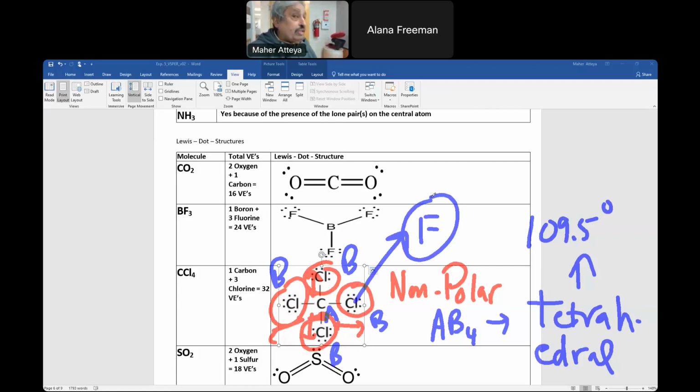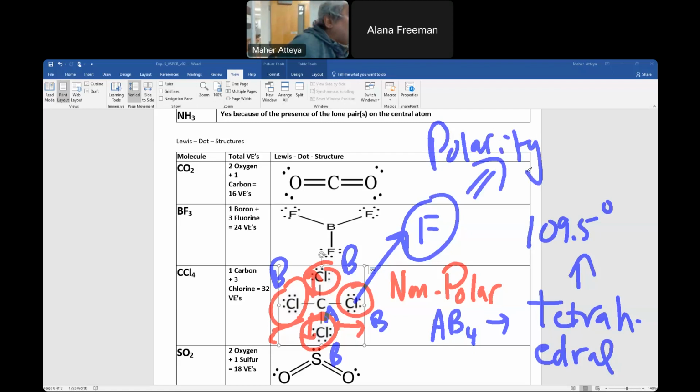This molecule with three chlorine atoms and one fluorine is polar, correct? Because there will be a difference in the electronegativity, and that will lead to what? Polarity.